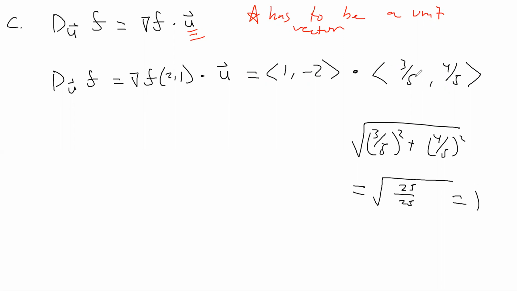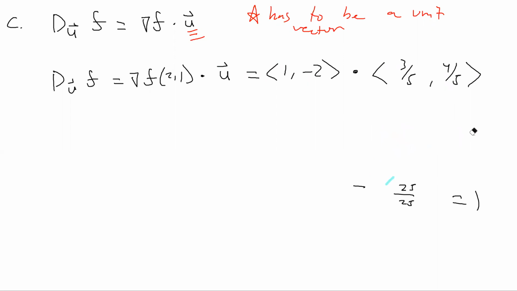So the given vector is a unit vector, and we can just take the dot product. But if you were given a vector which is not a unit vector, you have to normalize it and make it a unit vector, just like we covered early on in chapter 12.